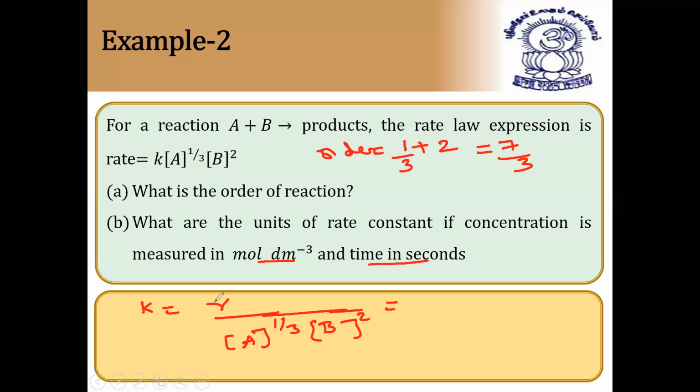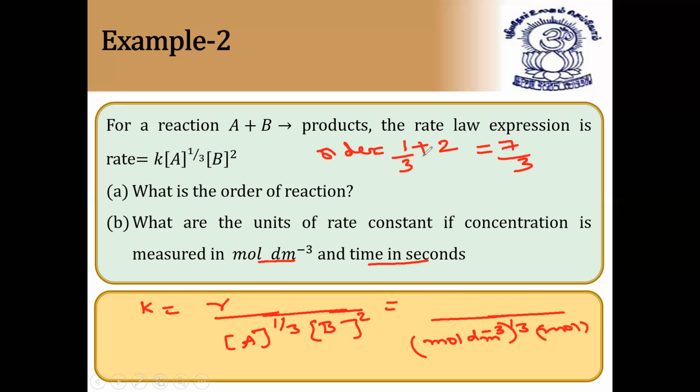So what is the unit of rate? If the concentration is measured in moles per decimeter cube, then the rate is moles per decimeter cube per second, divided by moles per decimeter cube whole to the power 1/3 into moles per decimeter cube whole to the power of 2.